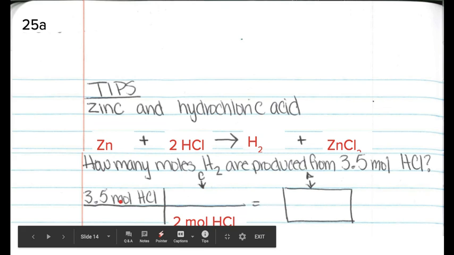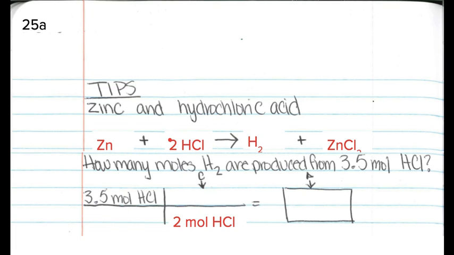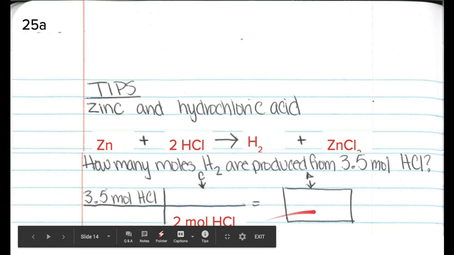Okay, first, we're putting moles HCl at the bottom. In my balanced chemical equation, there's a 2 in front of HCl. So I include that in my calculation. 1 mole of hydrogen. Okay, I put moles hydrogen at the top because it's what I desire. And there's 1 mole in my chemical reaction.